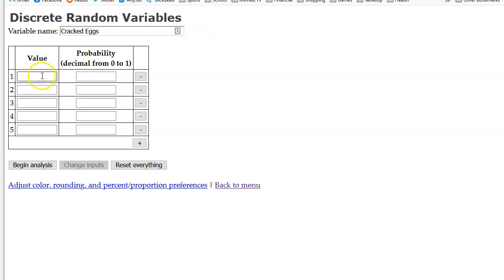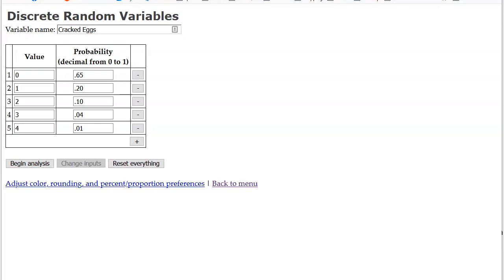And you want to input your values and your probabilities. So if you need to, you can go ahead and pause the video now, and I'll give you some time to put those in. So I've put my values and my probabilities in. Make sure you put these in exactly like they are in the table that you made. And it looks like everything matches exactly with what we had. And I'm going to do begin analysis now.